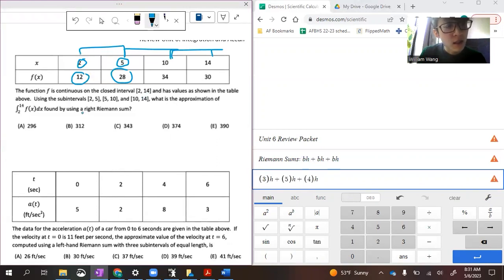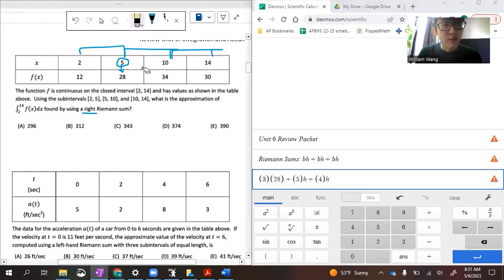Well, it says I'm using a right Riemann sum, which means when my first rectangle goes from 2 to 5, I want to use the one on the right. So I'm going to focus for this interval on the y value at 5. So it's going to be 3 times 28.